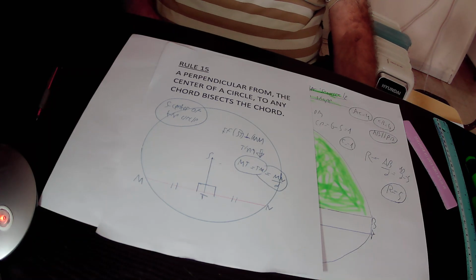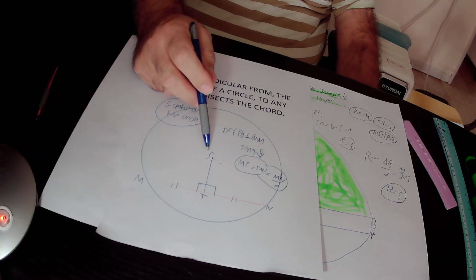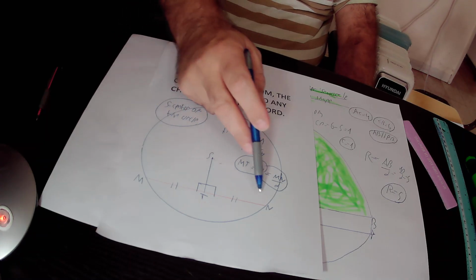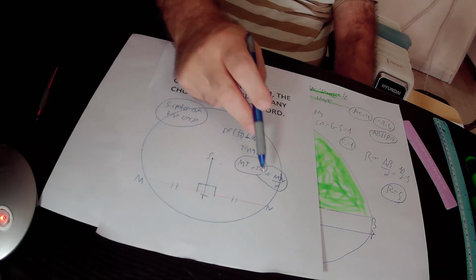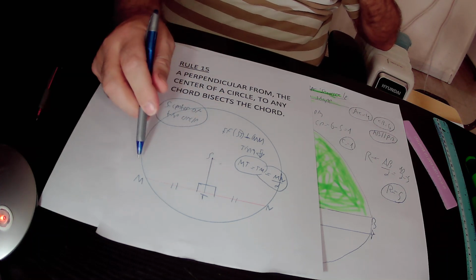In the drawing, we have a circle. Point S is the center of the circle. From point S, we have perpendicular ST on chord MN. According to rule 15, perpendicular ST bisects chord MN.